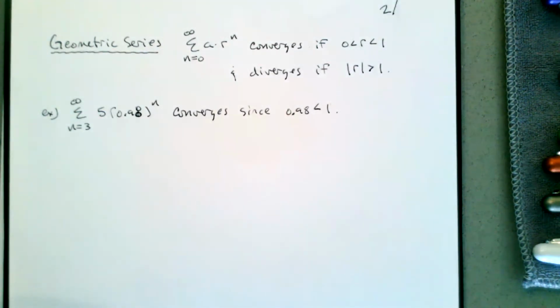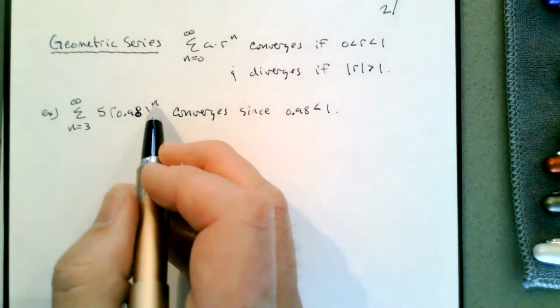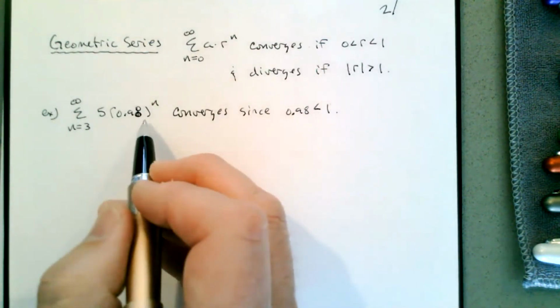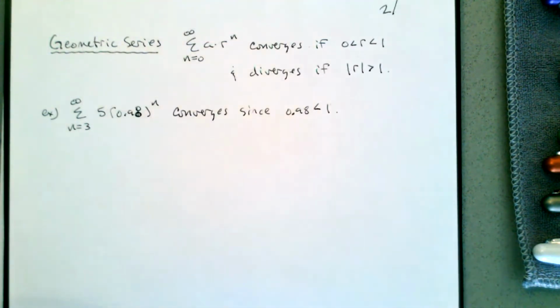Just by looking at it. It's a geometric series, because the n is the exponent, and the common ratio is less than 1, so this series converges.